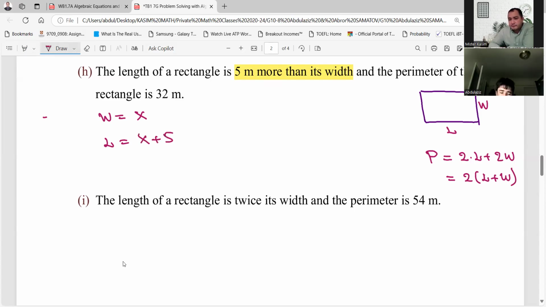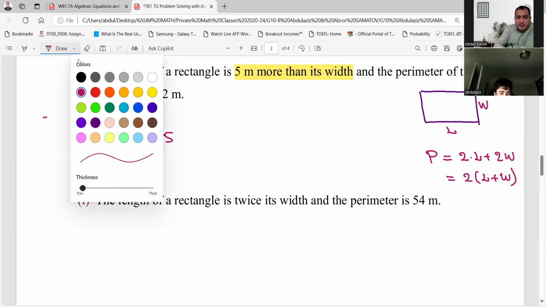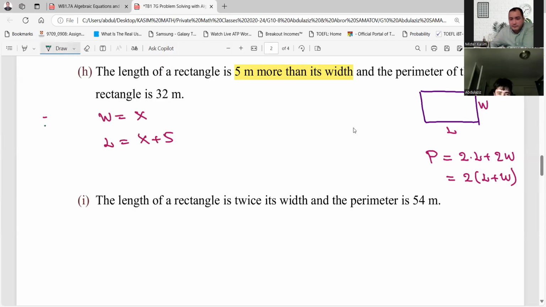More, right? And now we are going to write the perimeter. So perimeter will be 32, right? So 2 times x plus 2 times x plus 5 will be equal to 32.